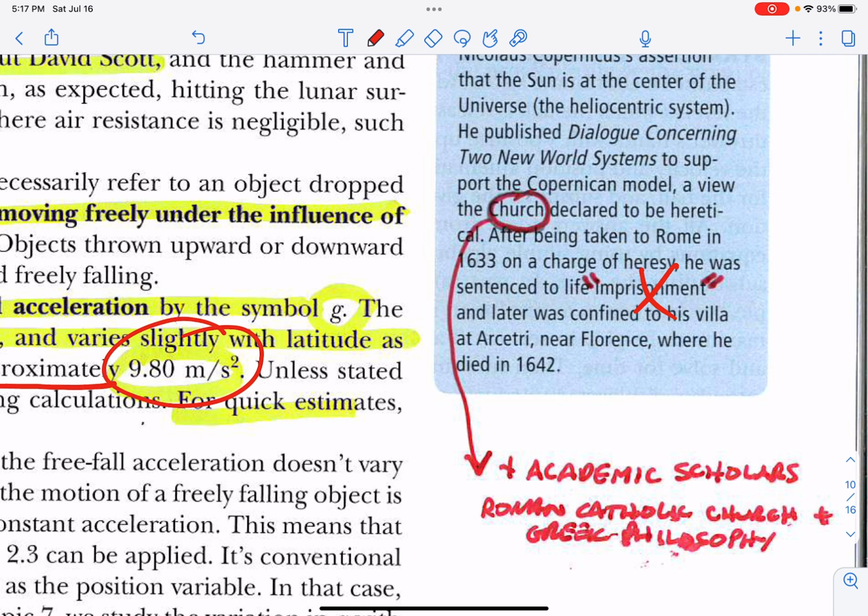So they invented this idea of science against faith. And they used terms like imprisonment, totally false. And that history is now being fixed in the last 15 or 20 years.